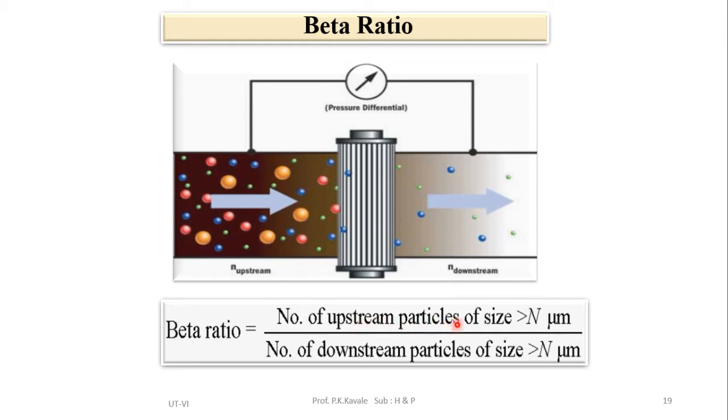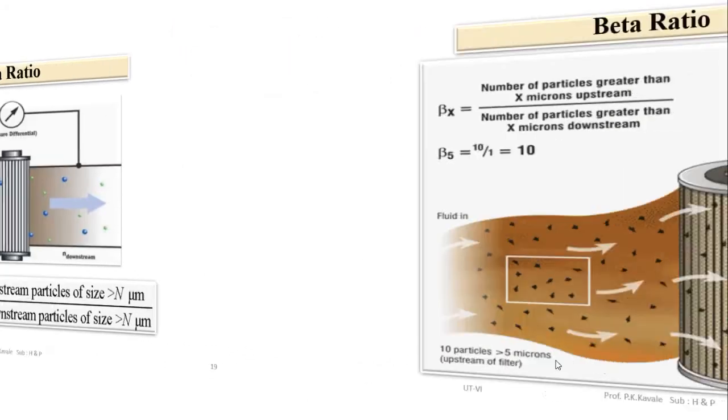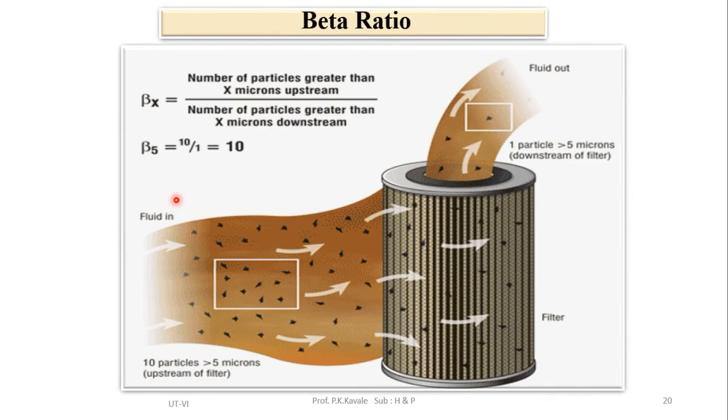The number of upstream particles of size greater than x micrometers, divided by the number of downstream particles of size greater than x micrometers. This x quantity is the particle size we are considering.